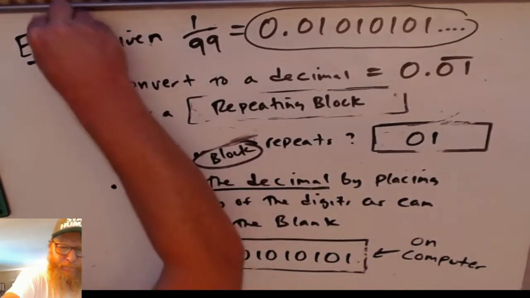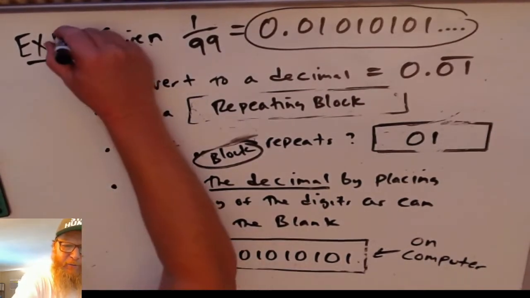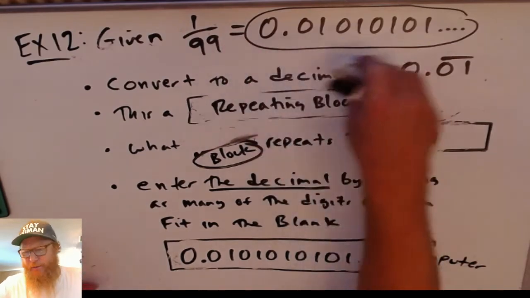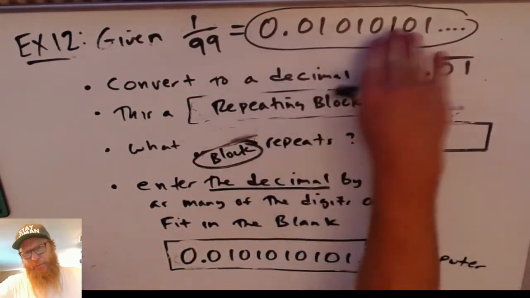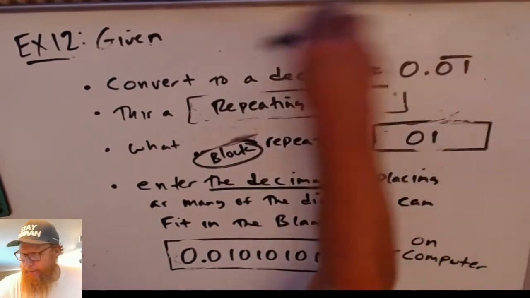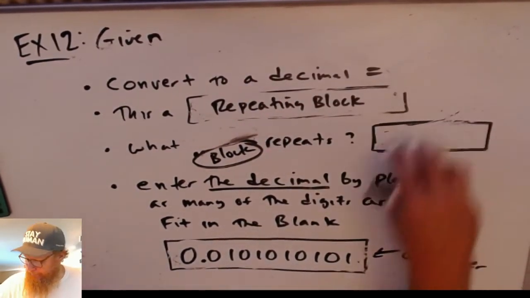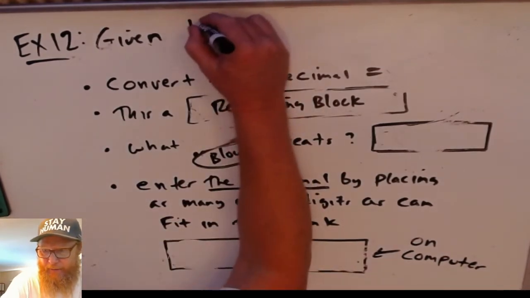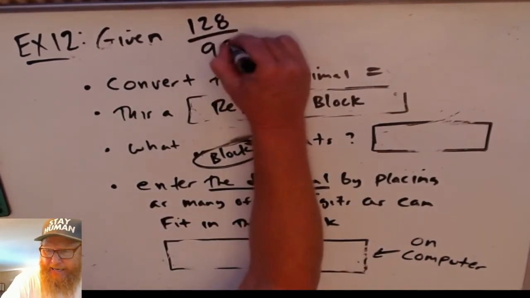I don't know. It's really hard to make a lot of variety with this, but let's do one that's not so simple as just 0, 1, but we should probably store that in our mind and come back to it later. How about 128/99ths?